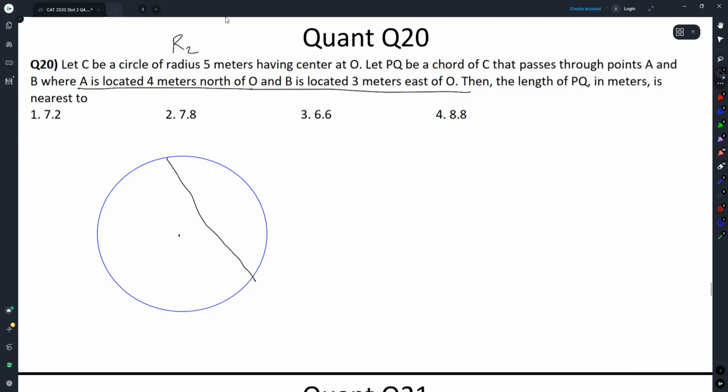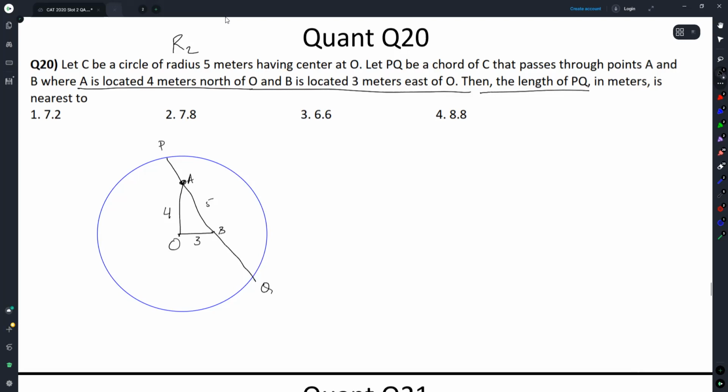That passes through points A and B. This is A, 4, and B is located 3 meters east. 3. AB I know is 5. Then the length of PQ, center at O. Okay. I need length.